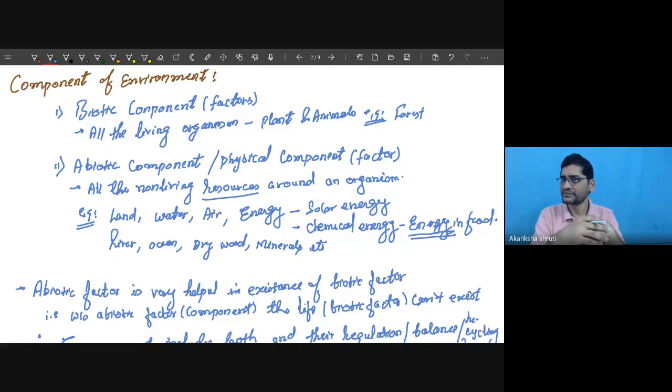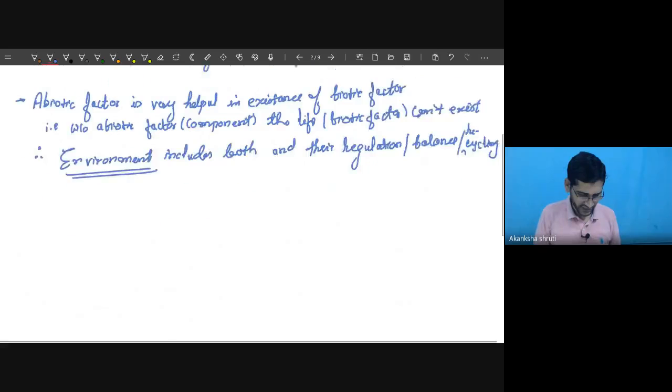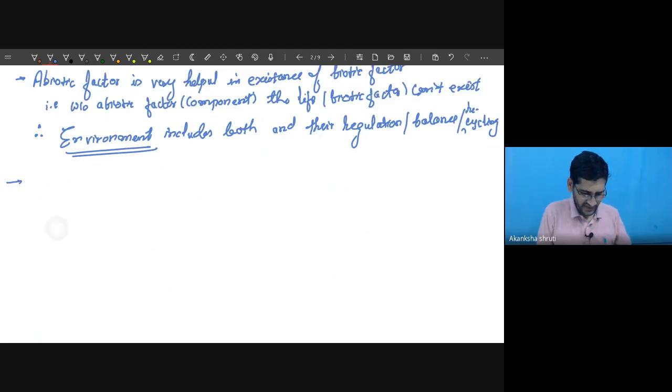They help in the water cycle, and we are able to get pure water for our life. Get it? So write it. These components include both biotic and abiotic.